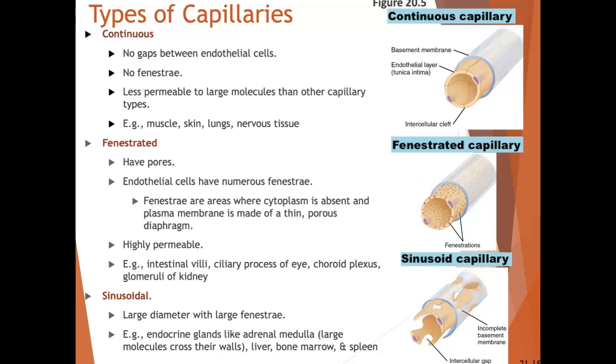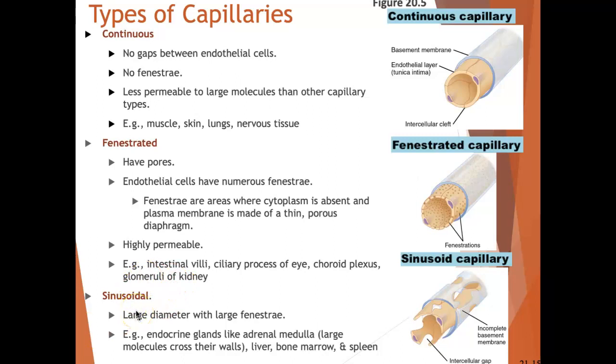So because we have these fenestra, even with or without a diaphragm, it's going to be highly permeable. We're going to allow substances to move back and forth between the blood. So areas that we see this will be in the intestinal villi, the ciliary process of the eye, the choroid plexus, and the glomeruli of the kidney.